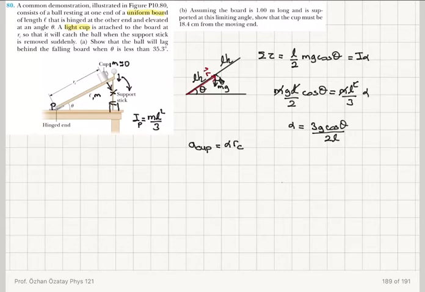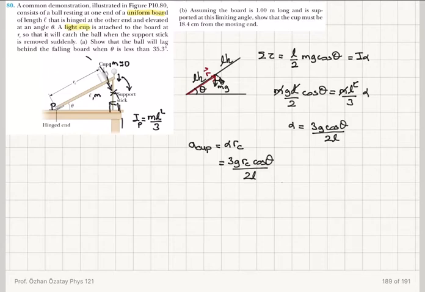The tangential acceleration of the cup when it starts falling is equal to alpha times rc for rotation, because this is going to be a rotation. So this will be 3g rc cosine theta divided by 2L.